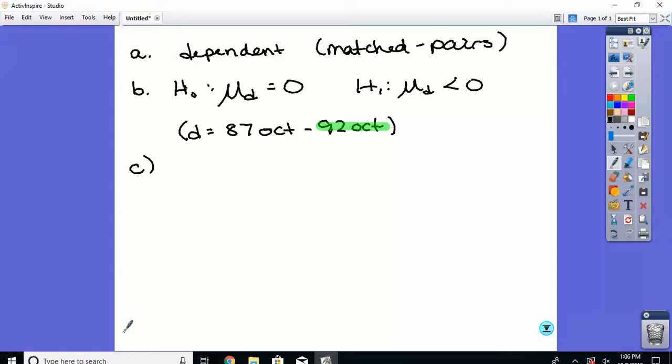So I'm putting my 87 octane into L1 and my 92 into L2. What should you do on this scenario for L3? Okay. When it's a matched pairs, your L3 is L1 minus L2. So you enter that into your heading and it will calculate them for you.